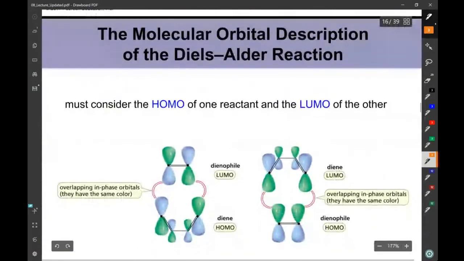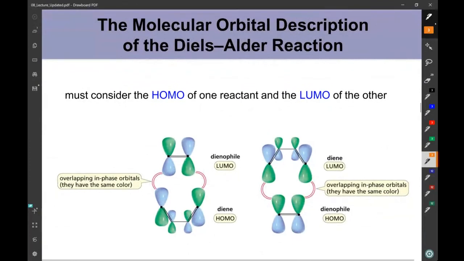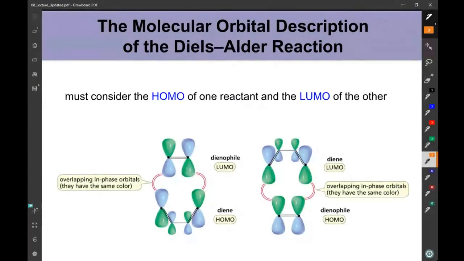Now, in terms of the molecular orbital, if you remember, we drew this molecular orbital sometime in class. And somebody asked me, why is this important? This is where the molecular orbital becomes important. If you draw the molecular orbital of your diene and the molecular orbital of your dienophile, this is the molecular orbital of the diene. In the molecular orbital of the diene, we look at one of the orbitals called the HOMO, highest occupied molecular orbital.